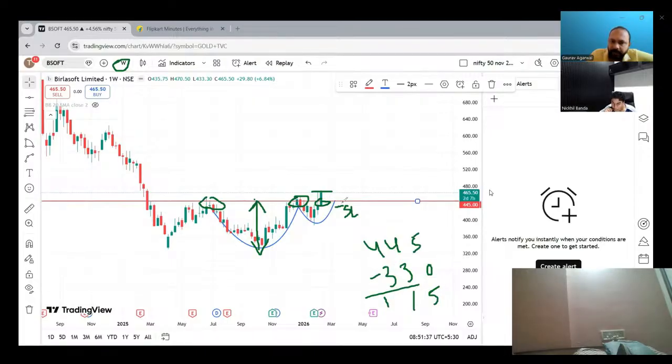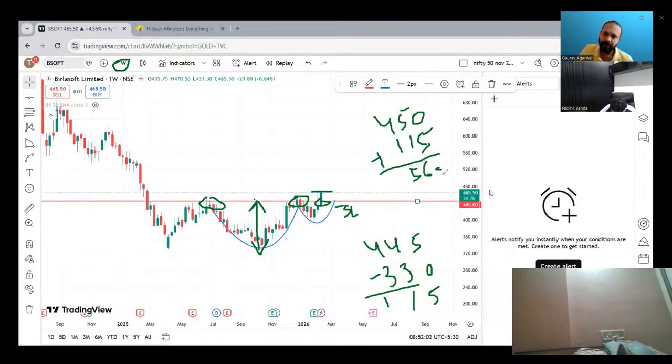After the breakout, your target will be approximately 115 points, so from around 450 you can add. See, these targets are not actual. They are only 60-70% accurate, just to find some number. So 450 plus 115 comes to around 565, right? Yes.